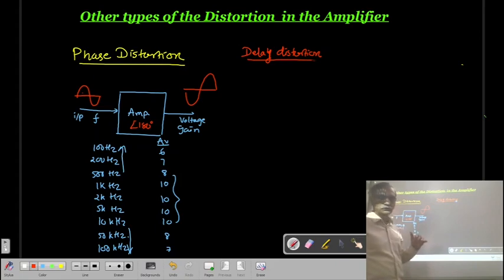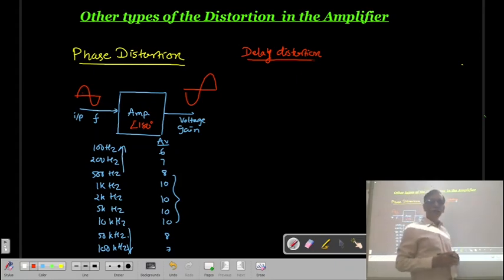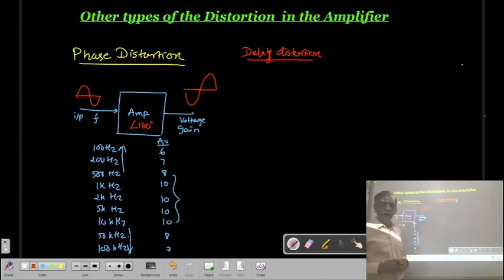Now, how to measure, how to find out a phase distortion with the frequency? Here again, we apply different frequencies at the input of the amplifier, and measure the phase between the input and the output signal through an oscilloscope. An oscilloscope is a device through which you can obtain the Lissajous pattern, and from the Lissajous pattern you can find out the phase difference between the input signal and the output signal.